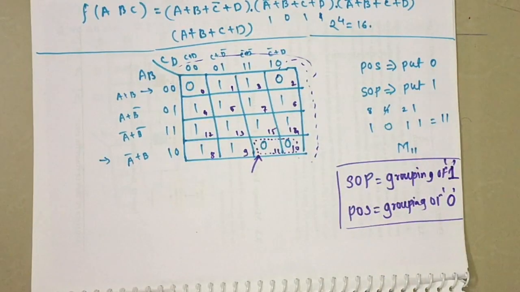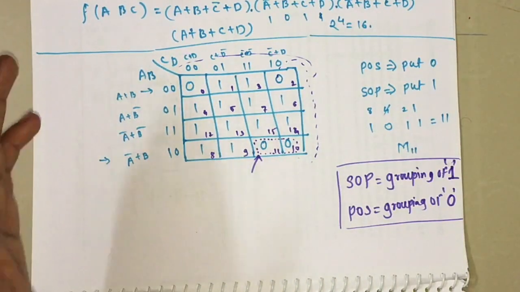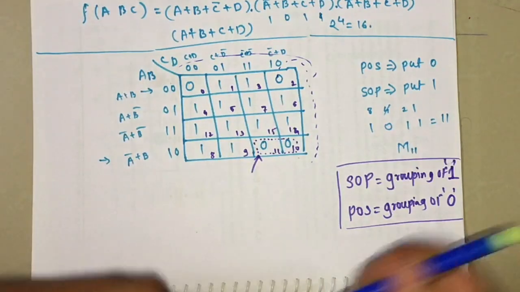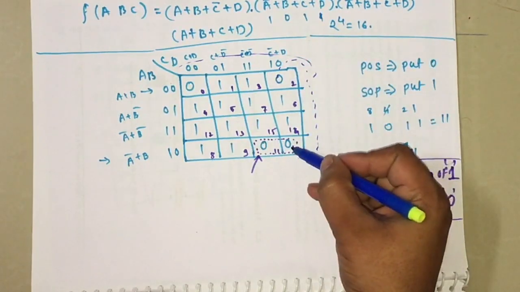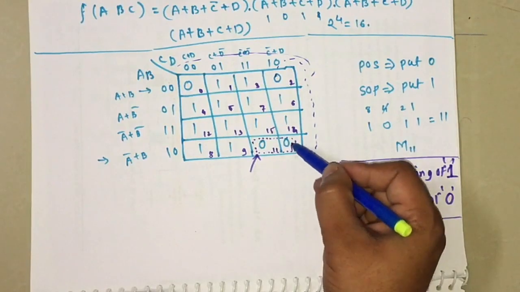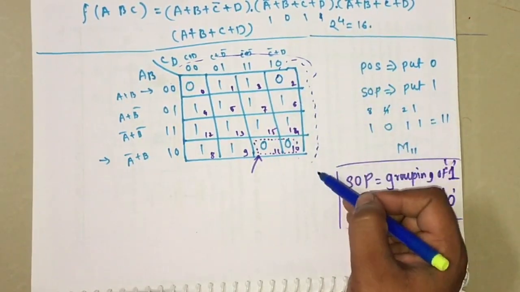According to our rules, if a non-overlapping pair can be formed, it should be given the highest priority. If non-overlapping is not possible, then we go towards overlapping. If we group this 0 with this 0, then an overlapping grouping is formed.